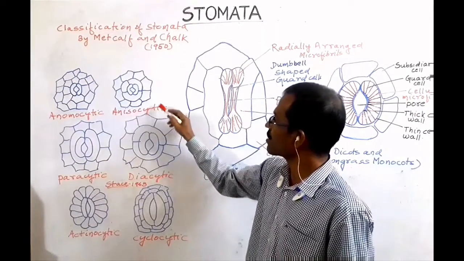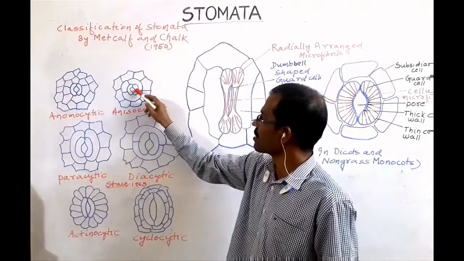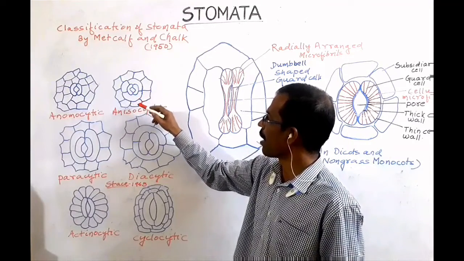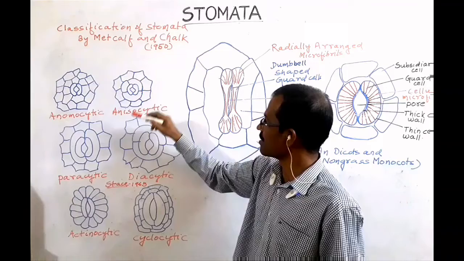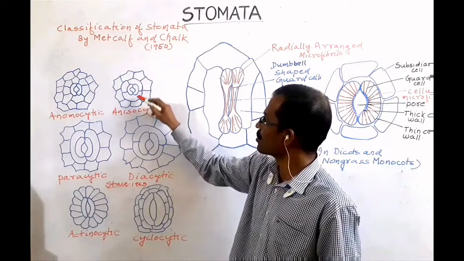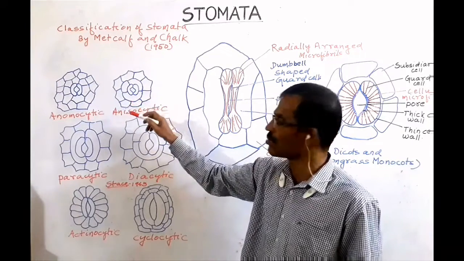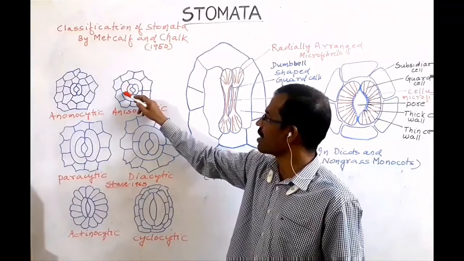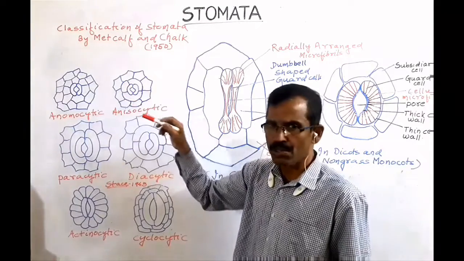Whereas in anisocytic type, the guard cells are accompanied by 3 subsidiary cells. Here there are 3 subsidiary cells, out of which one subsidiary cell is distinctively small.